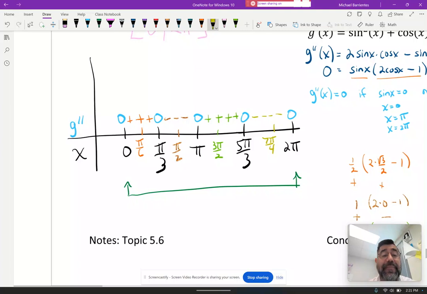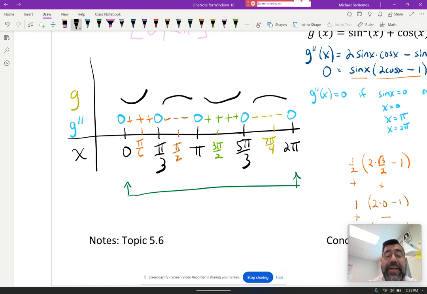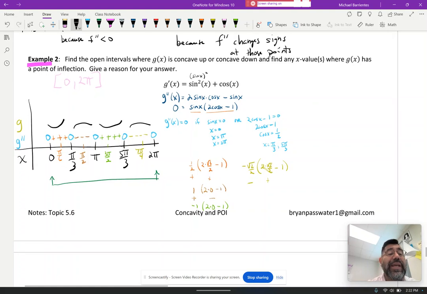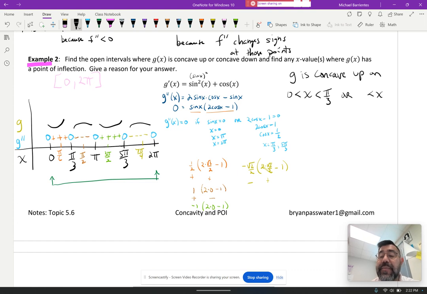But we made our sign chart. What does this tell us about the original function? It tells me that in between 0 and pi over 3, it's concave up, but in between pi over 3 and pi, it's concave down, then it's concave up, then it's concave down. So we're going to say that G is concave up on x values that are between 0 and pi over 3, or x values that are between pi and 5 pi over 3.